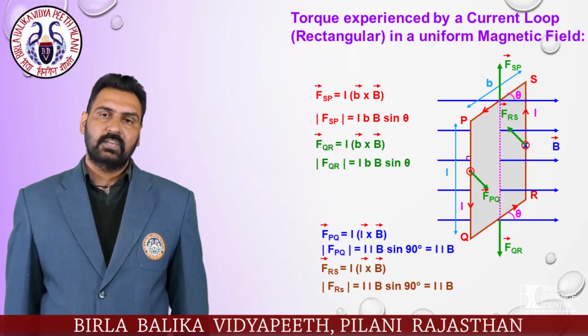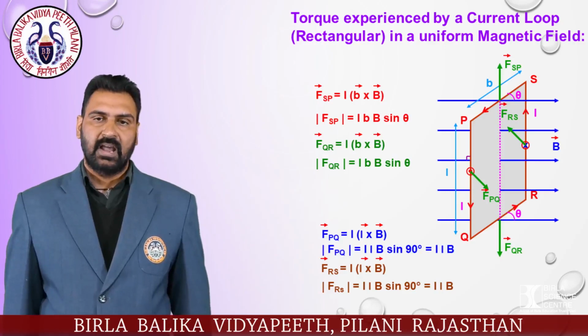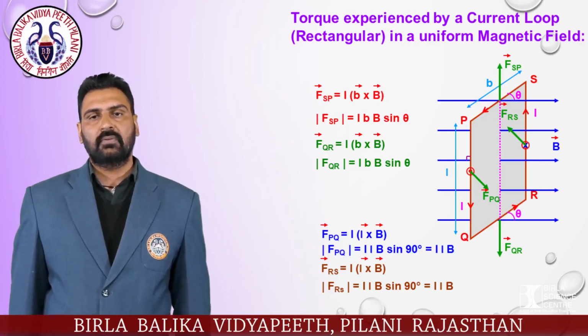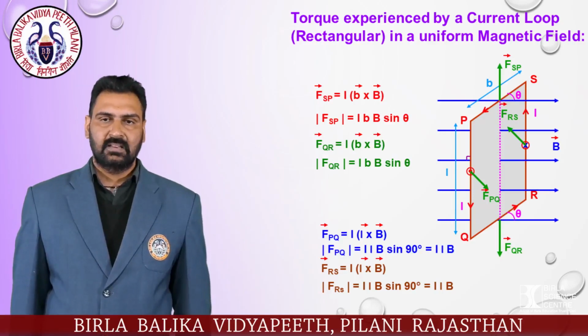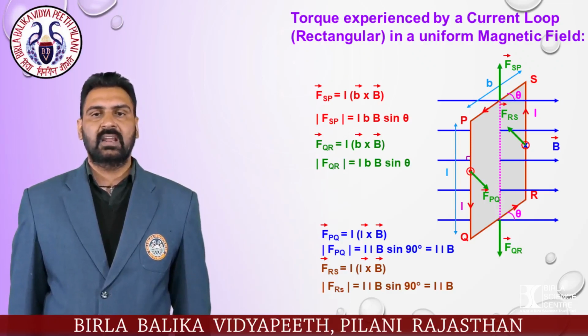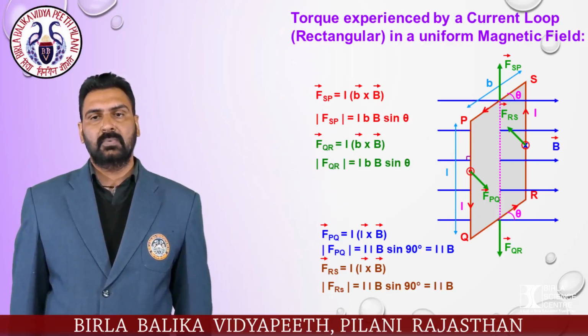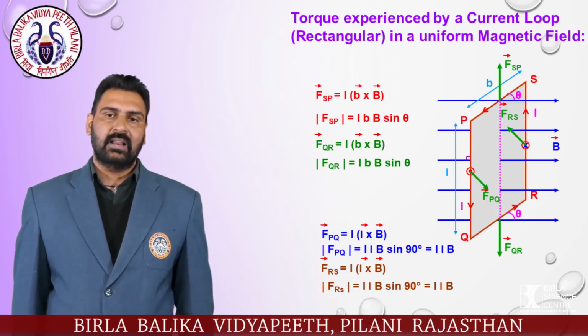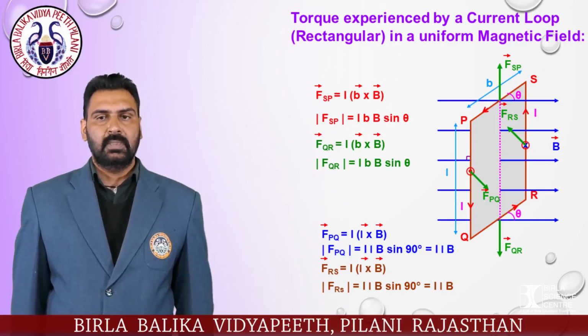So FPQ is I L cross B, or the magnitude of FPQ is BIL sine theta, where theta is 90 degree. So sine 90 is 1. We get FPQ is equal to BIL. In the same way, the force FRS is again BIL.